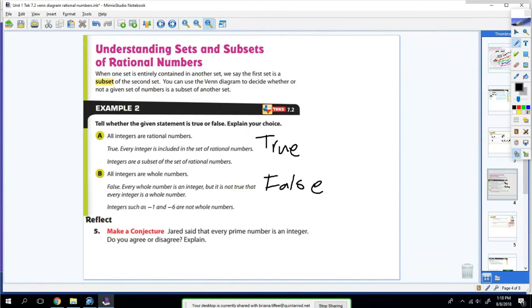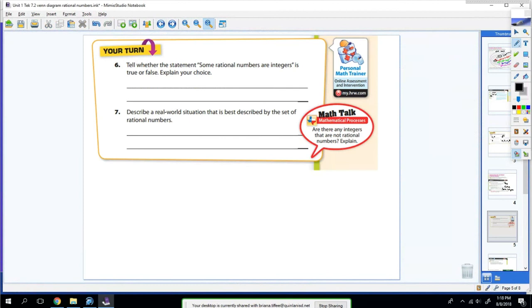So to make this a correct statement, you can say some integers are whole numbers, just not all of them. Okay, so pause the video again, and I want you to answer the true or false and explain your choice.